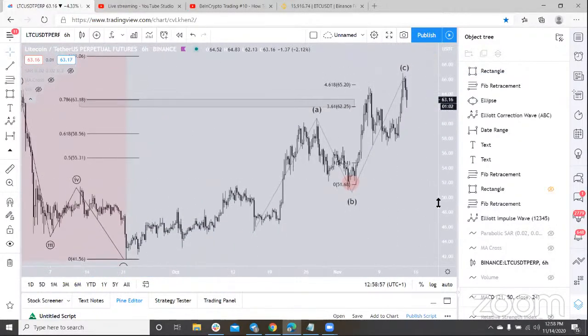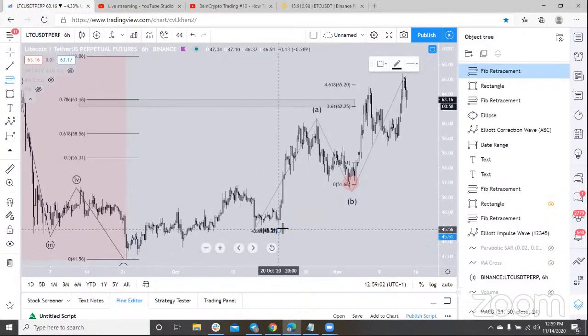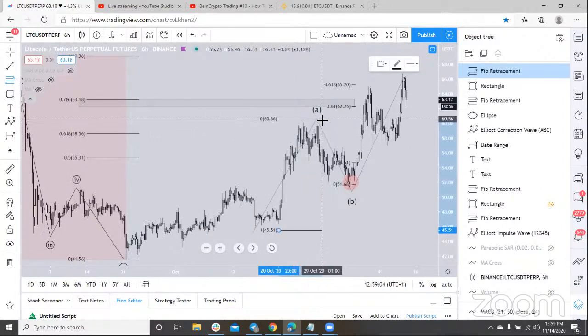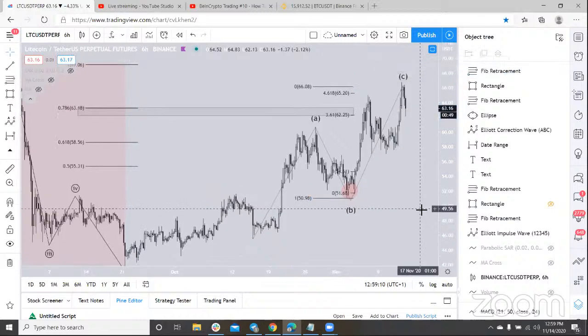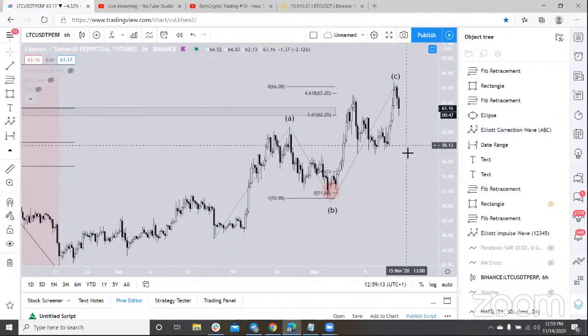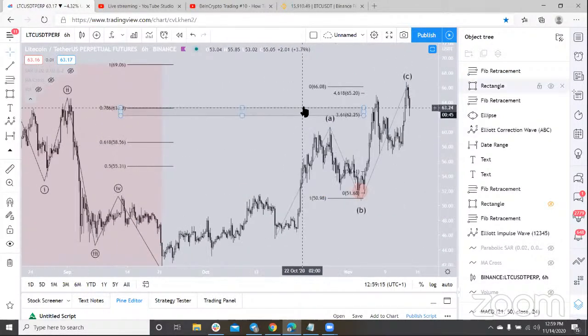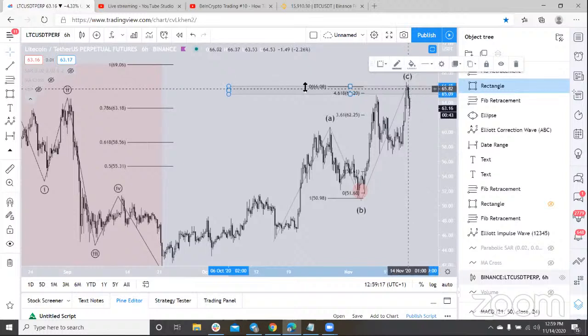Now, by confluence, I mean that, for example, waves A and C often have a 1-to-1 ratio, right? So this is A, you take the A, and you project it to the bottom of B. Look how well this has been, almost exactly the high. So now this becomes your most likely target, right?